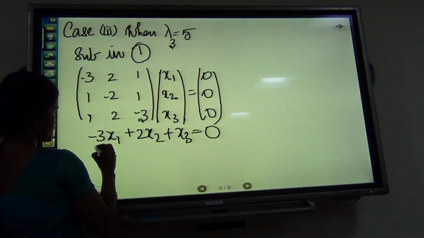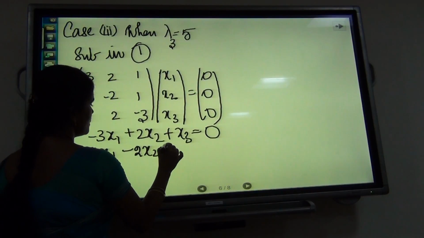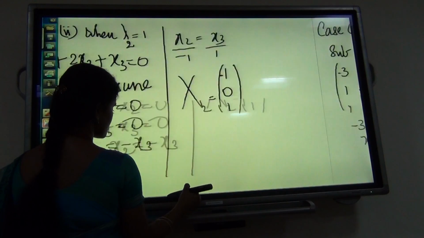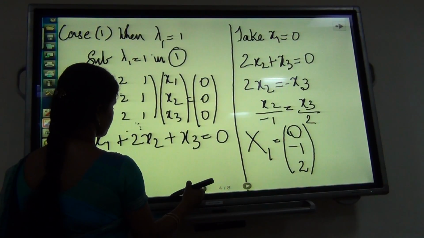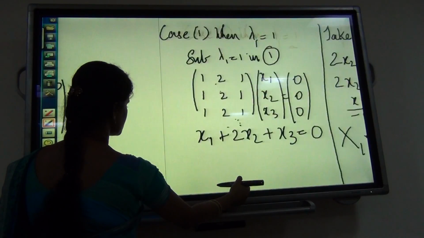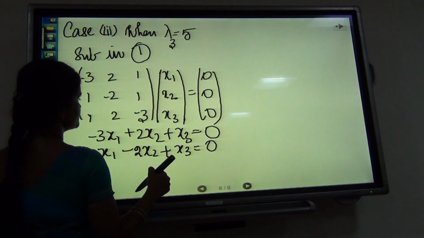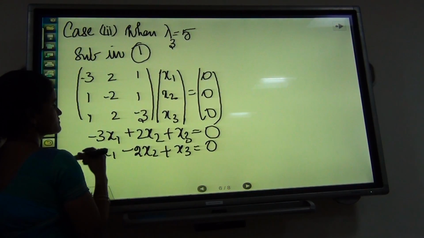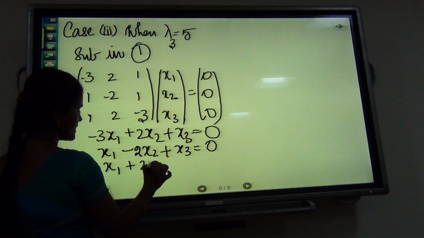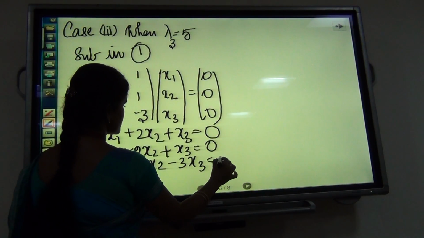The next equation will be x1 minus 2x2 plus x3 is equal to 0. And the third equation is x1 plus 2x2 minus 3x3 is equal to 0.